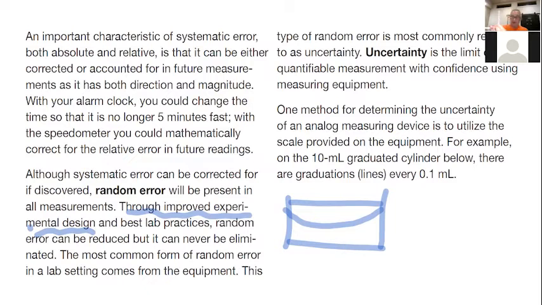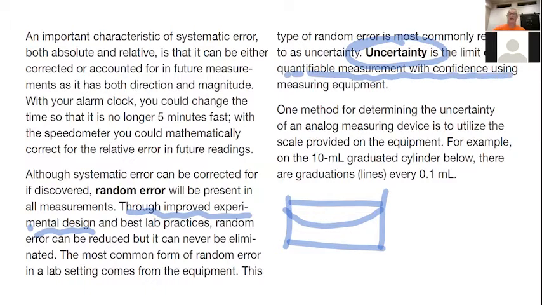Sometimes we're going to think we're looking at it exactly on the level, but we're not. We may be a little bit below, we may be a little bit above. Practice with doing these sorts of things will shrink that amount of error, but it'll never go to 0. So there's always going to be some uncertainty, and that's the limit of quantifiable measurement with confidence.